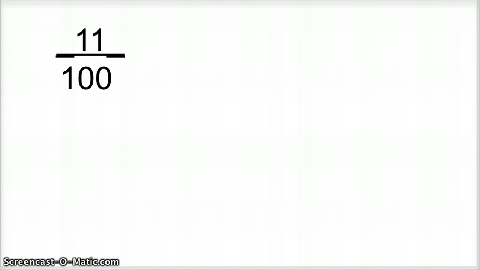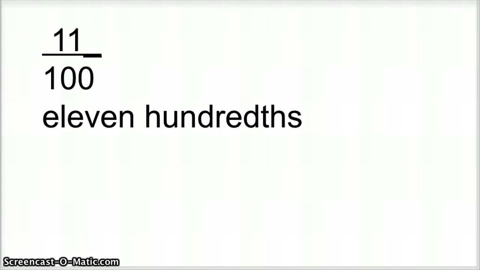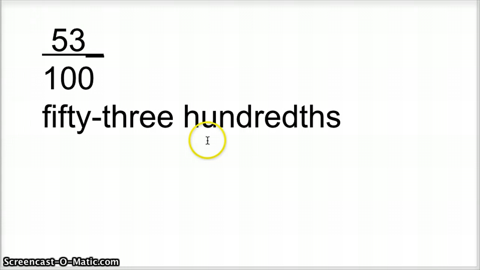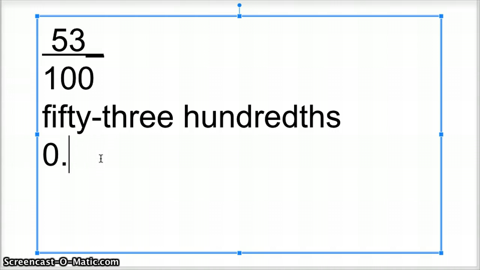How about this fraction? How would you say this fraction? 11/100. And you write it as a decimal? You would say 0.11. How about 53/100? I did it again. 53/100. Write it as a decimal. I see a typo here. It should be 0.53.